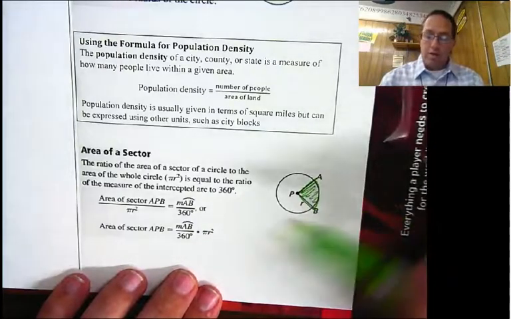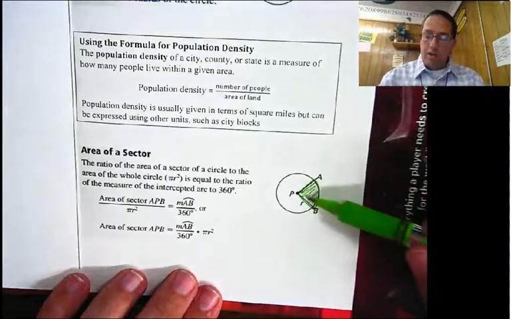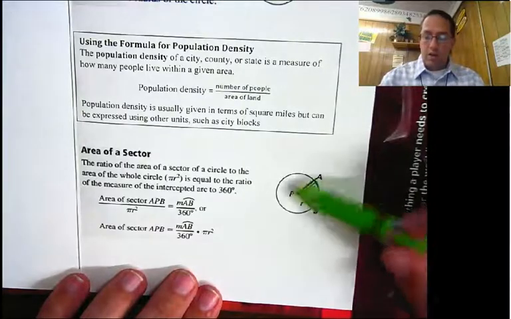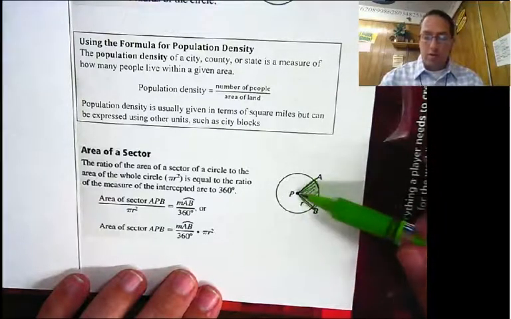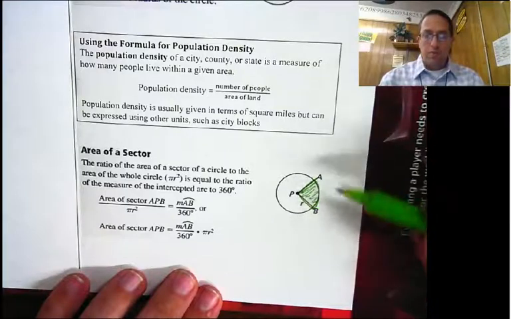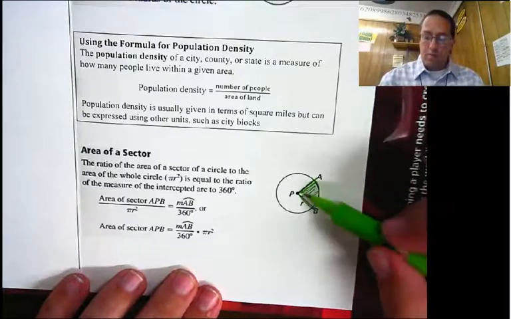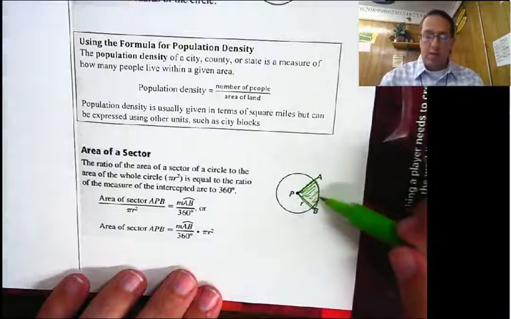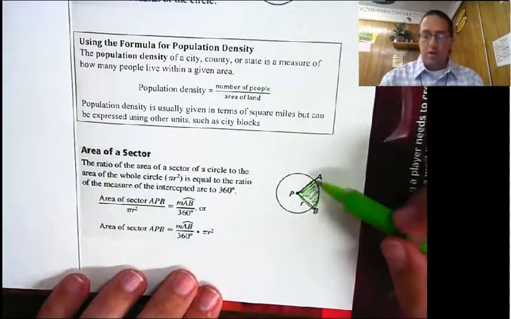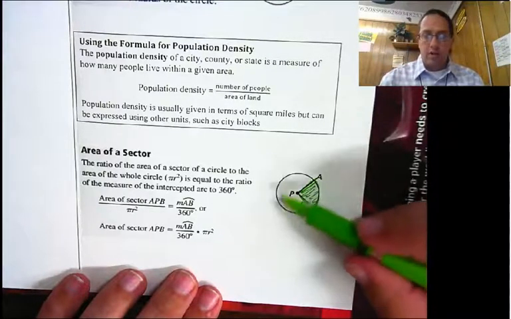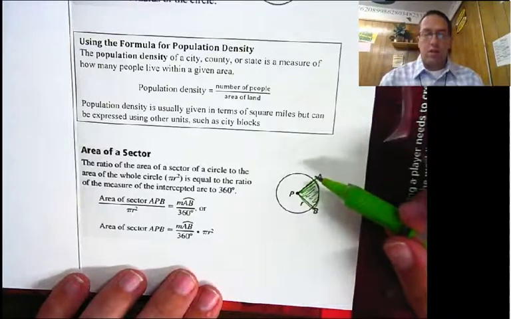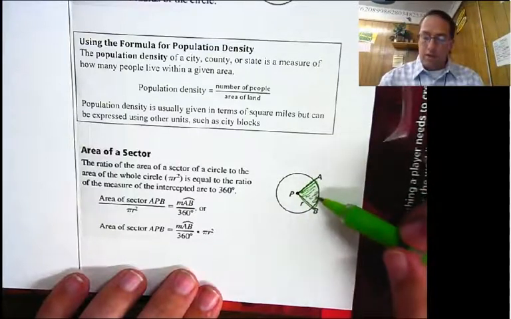So what we have is a proportion. We have the area of the sector over the area of the whole thing, so part over whole, equals the measure of the arc, or the measure of the central angle, because those are the same, right? So the measure of the arc over the degrees of the entire circle, which is 360. Okay, and you can do this for the minor arc.